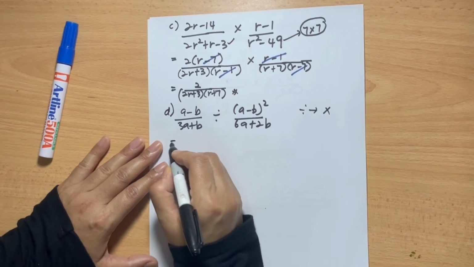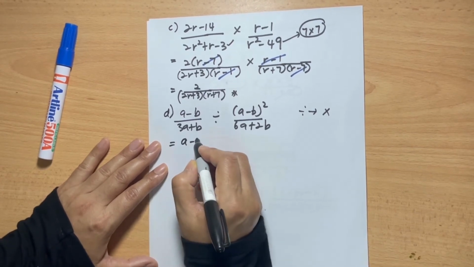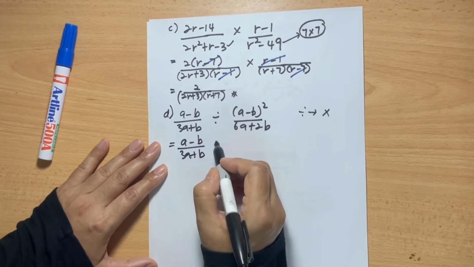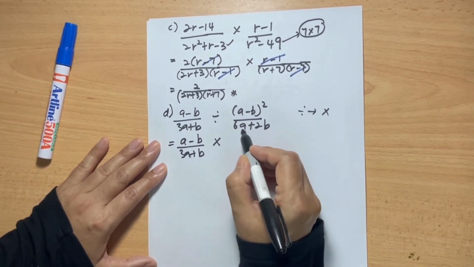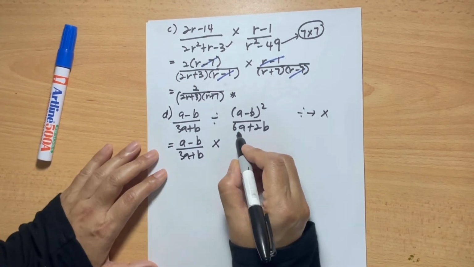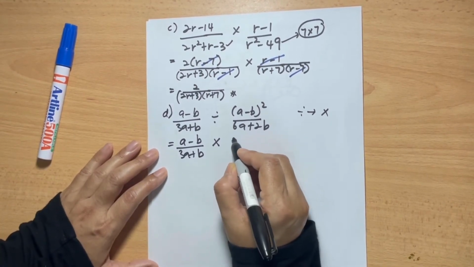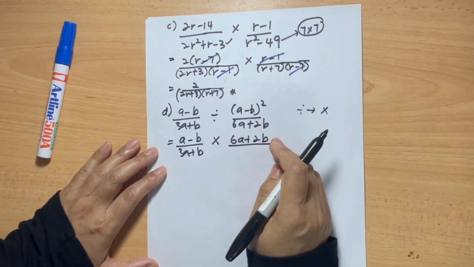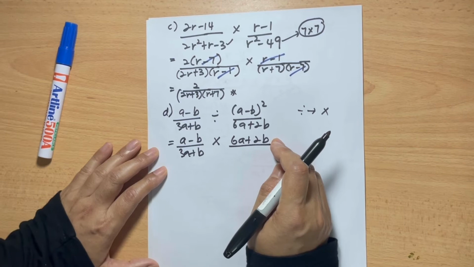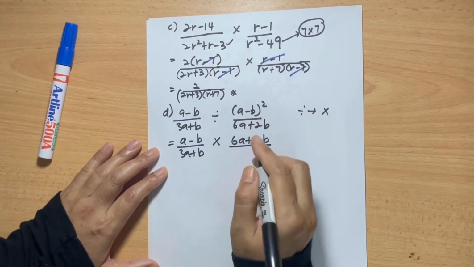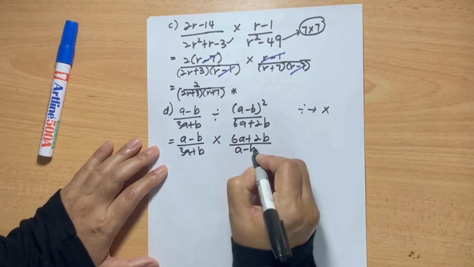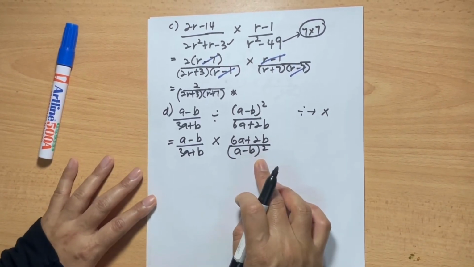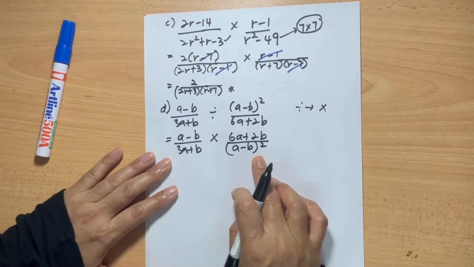So we look at it one by one. I write again a minus b over 3a plus b. Divide becomes times, and the position changes, so the denominator 6a plus 2b is on top, becoming the numerator, while the numerator becomes the denominator. Then we are going to factorize.